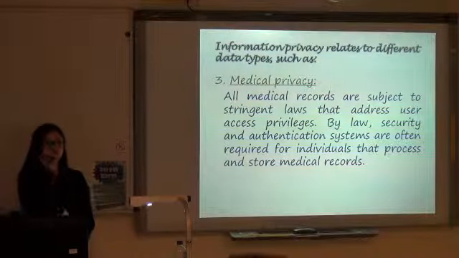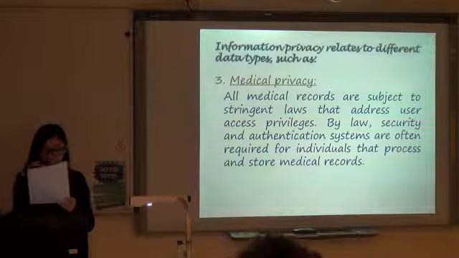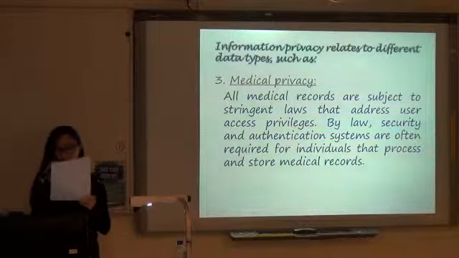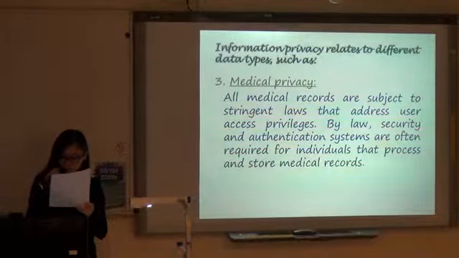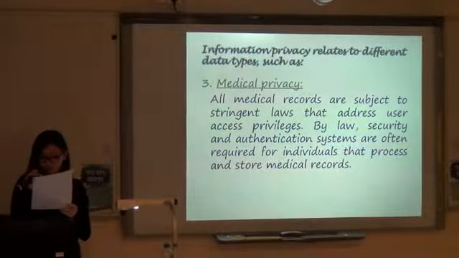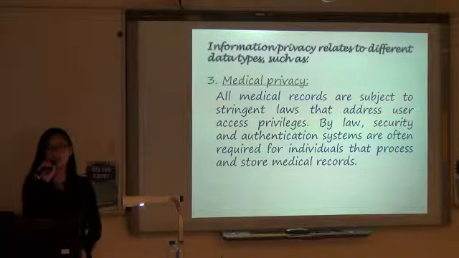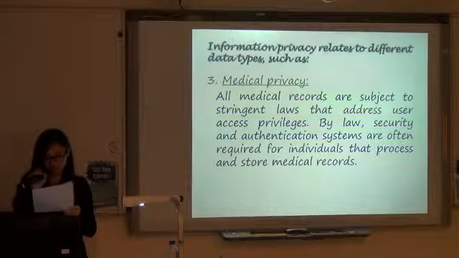Medical privacy, also called healthcare privacy, is the practice of keeping information about a patient confidential. This involves both conversational discretion on the part of healthcare providers and the security of medical records.